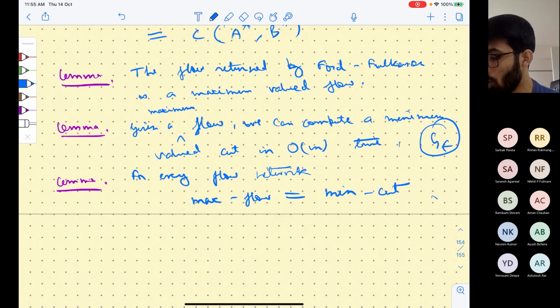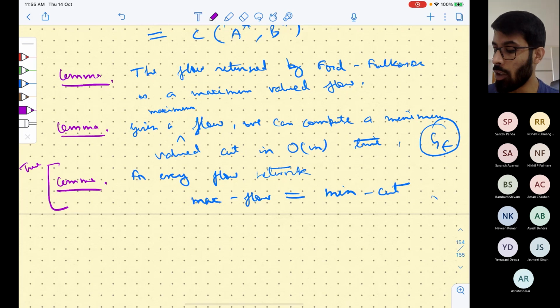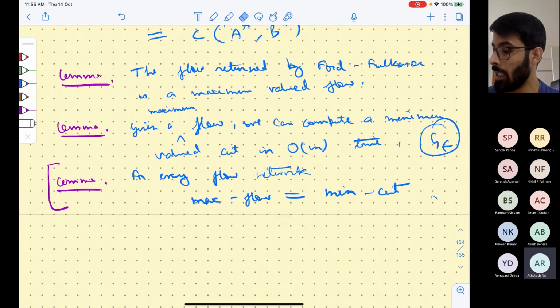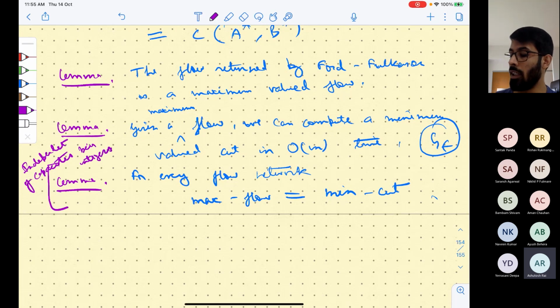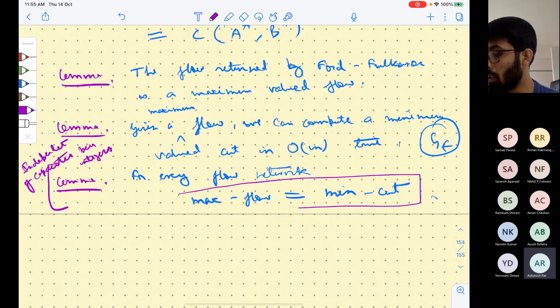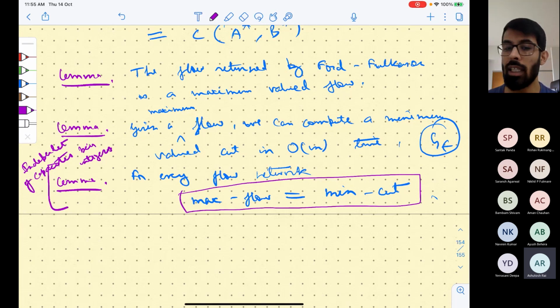But this lemma is true for all flow networks, independent of capacities being integers. You can see that we have not used integrality in proving this lemma. It can be shown even if the capacities are not integers, that the max flow is equal to the min cut. So this is a property that holds even if the capacities are not integers.